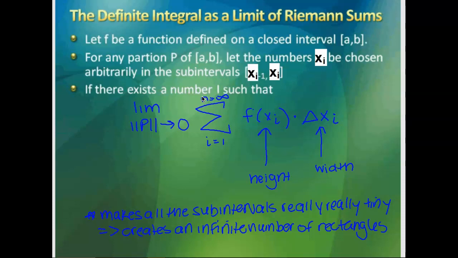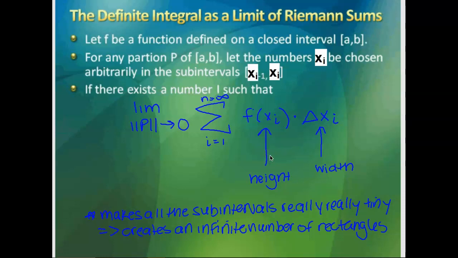Yesterday, a lot of our subinterval values were 4, 6, 8. This summation is saying that there are an infinite number of rectangles. That n going to infinity tells me that we are looking at an infinite number of rectangles, making those rectangles really tiny, because there are now an infinite number of them.